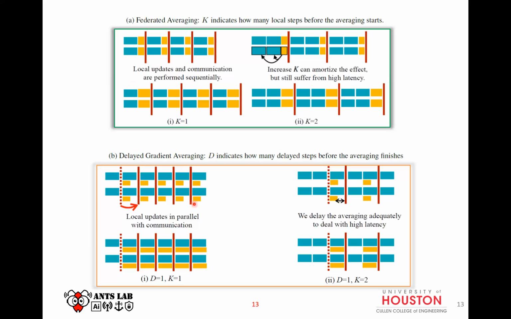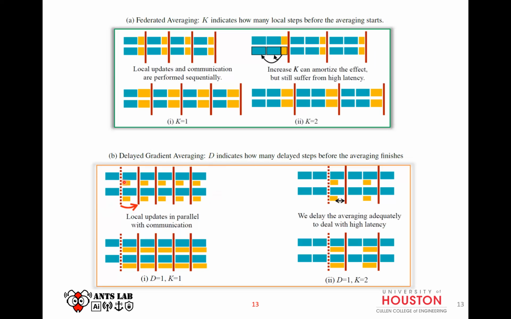So what happens if you use delayed gradient averaging? Here we use the other parameter called D, other than K, which indicates how many delayed steps happen before the averaging finishes. Let's say that K is equal to 1 and D equals 1 in this place. You have one local round of computation, and at the red, you're sending the update to the devices, which means the yellow block started, so the updates are going by.